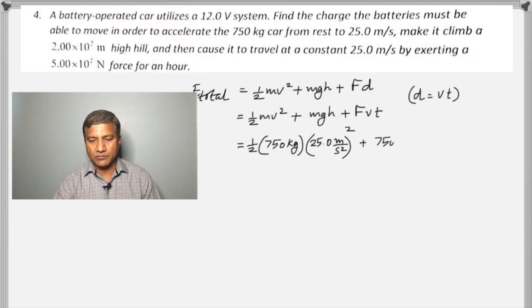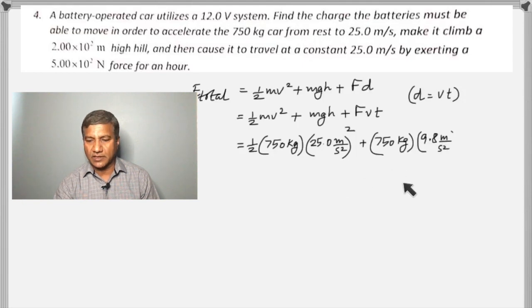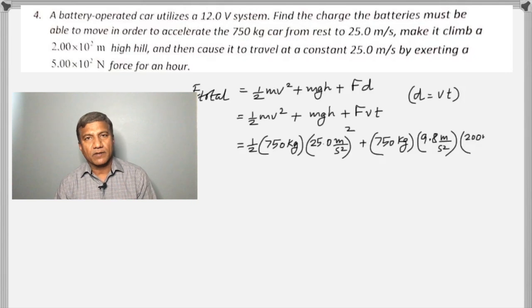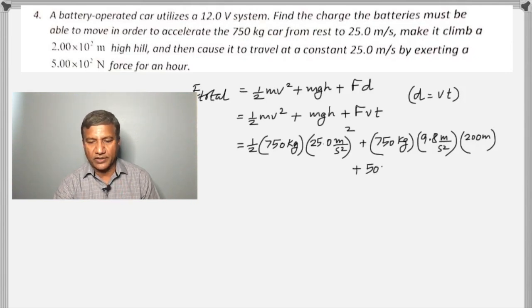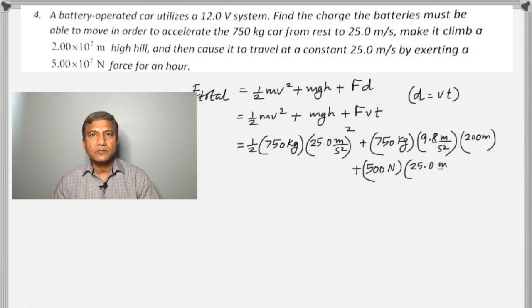When you plug that in, you get 1/2 times mass times velocity squared plus mgh, which is for the potential energy. And then the force is 500 newtons, times velocity 25 meters per second, times the time for which it moves, 3,600 seconds.